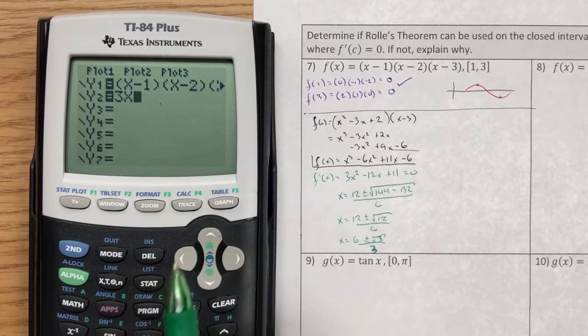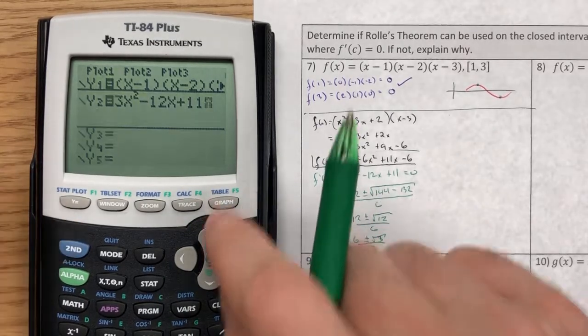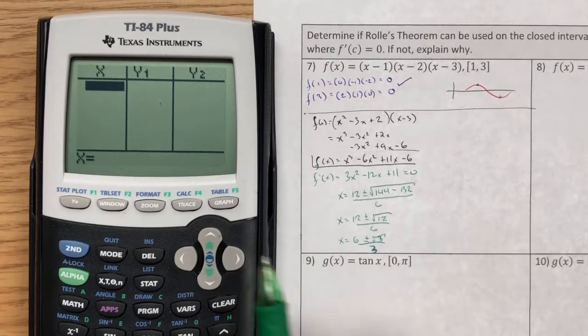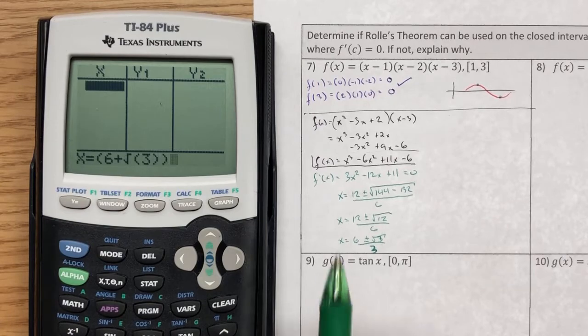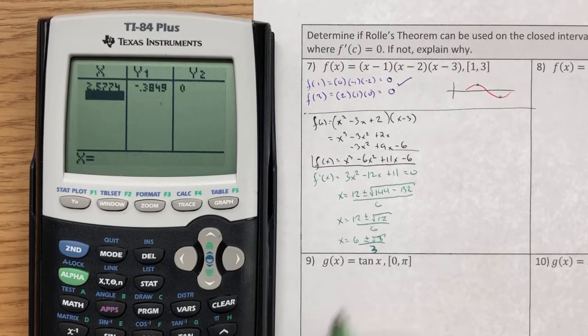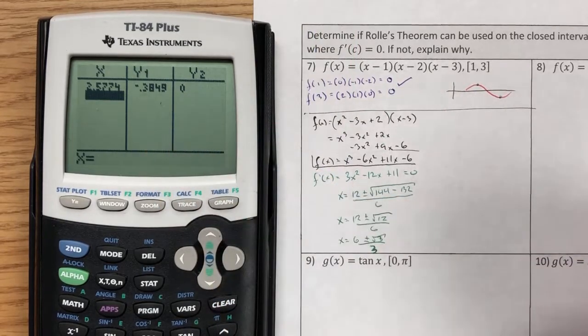So 3x squared minus 12x plus 11. And let's plug in these two numbers. So 6 plus the square root of 3 divided by 3. Our derivative gives a value of 0, and it spits out our y value.